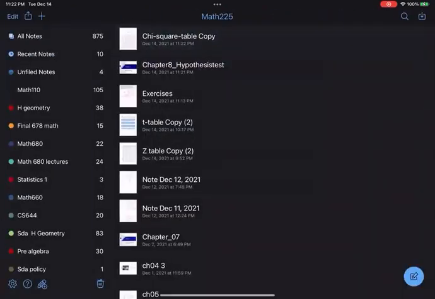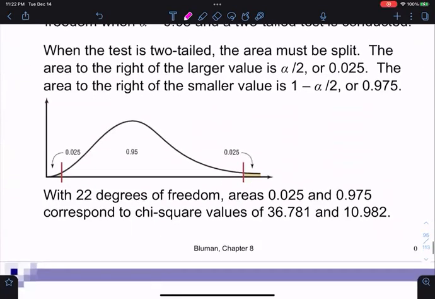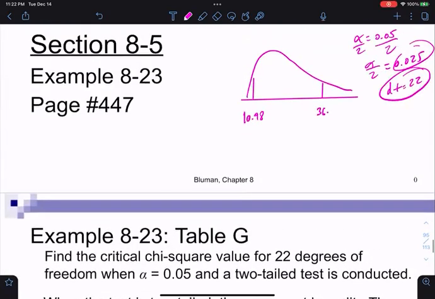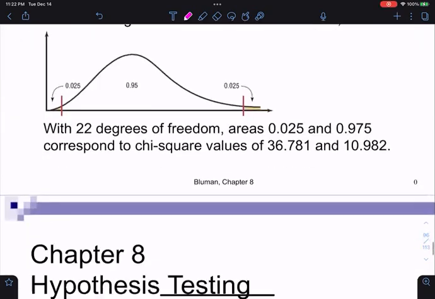Sorry about that. So the value is 10.98, and the other value is 36.78. That's how you find that. So when it's a two-tailed test, you need to divide by 2, right? If it's to the right or to the left, you don't need to worry about that.